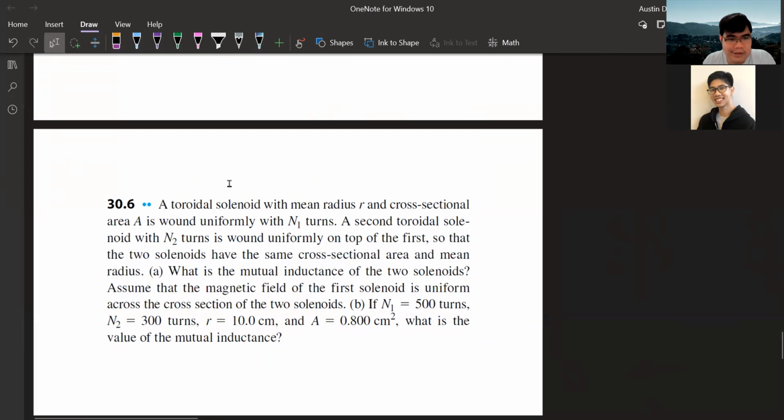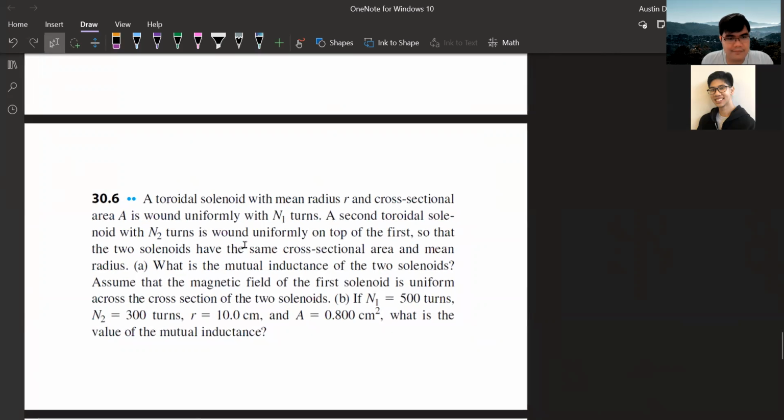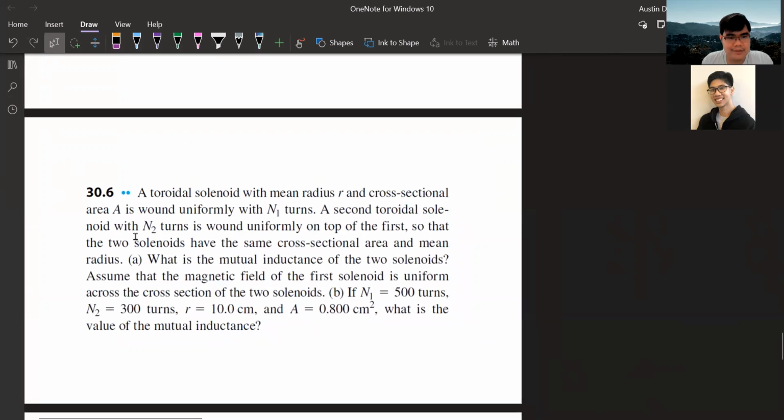Mas madali yung toroid. Nakakalito pa yung toroidal solenoid kasi baka maisip mong solenoid siya. Okay, so para daw yung dalawang toroids, may same cross-sectional area and mean radius. Okay, so tinatanong sa atin what would be the mutual inductance of the two solenoids.